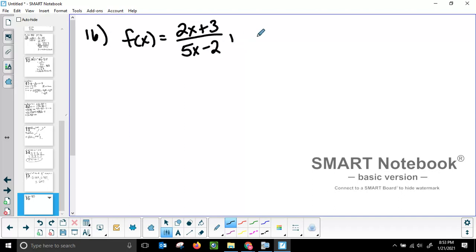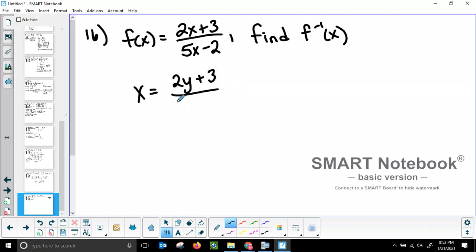We won't really worry about the domain and range. All I'll ask you to do is find the inverse. So we think of this as y, and then we switch our x's and our y's. Then we have to solve for y again.